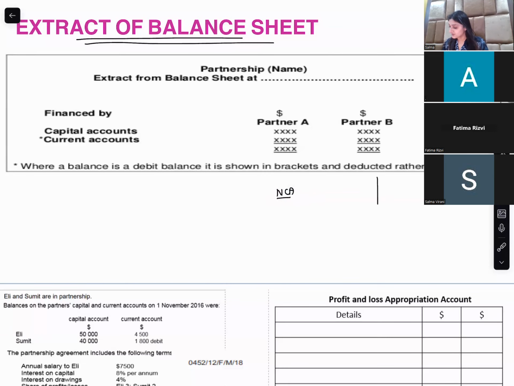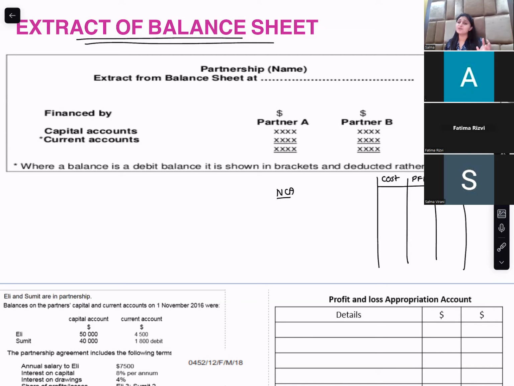You have three columns, right? You have your cost, then you have your provision for depreciation, and after that you have your net value.